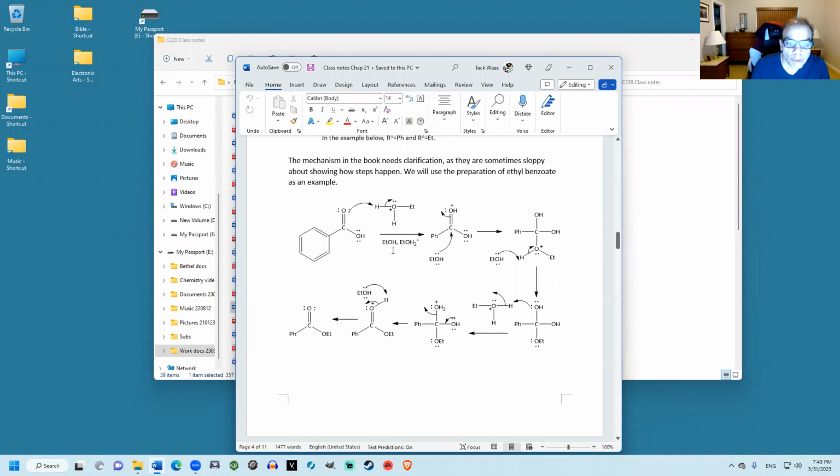So you have to look back at what you're given and figure out what your nucleophile is. The only nucleophilic species is the ethanol. Don't make the mistake of using ethoxide. There's not going to be any ethoxide in acidic medium. It's too strongly basic. So we use an ethanol molecule as our nucleophile. We attack the carbonyl carbon, break the pi bond, and get this intermediate.